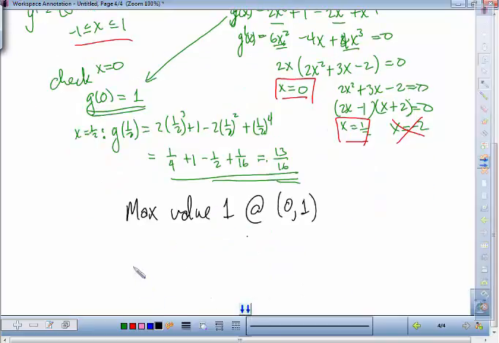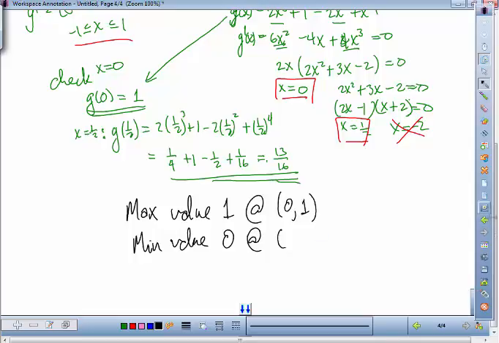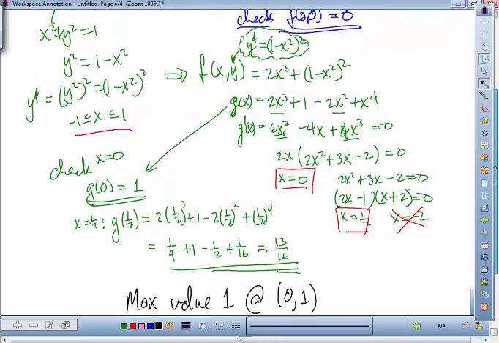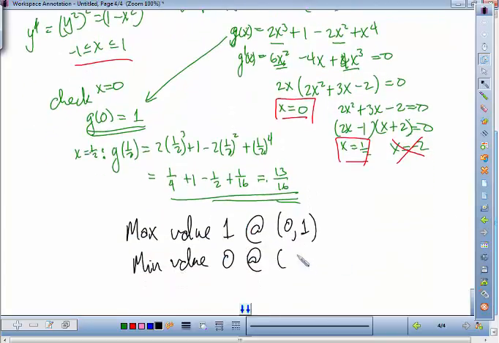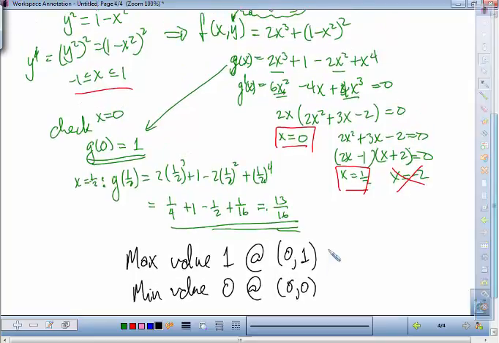And then we have a minimum value of 0 at, where's this one? This one's at 0, 0 up here. Okay?